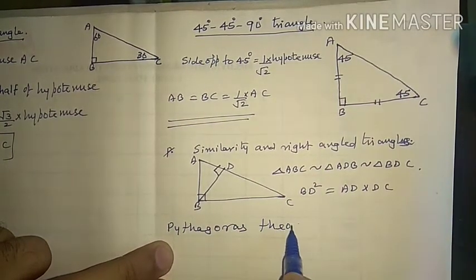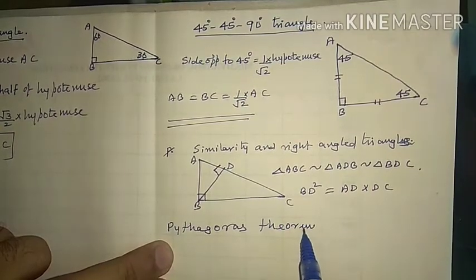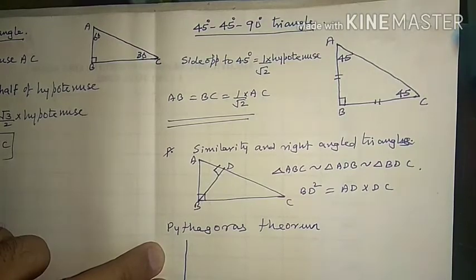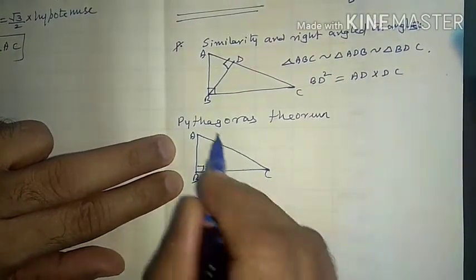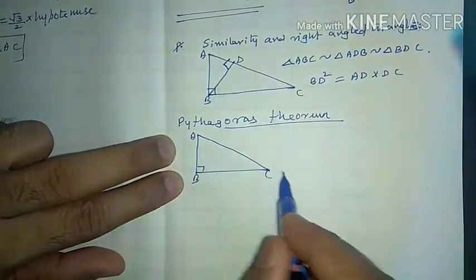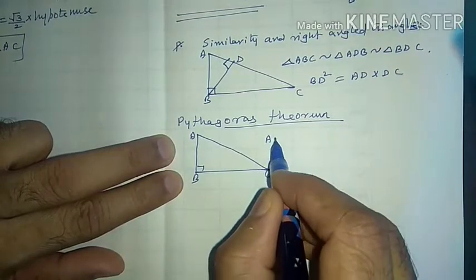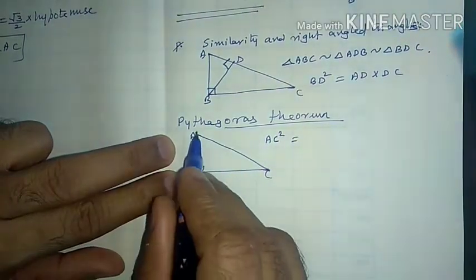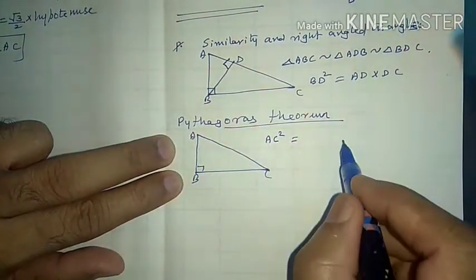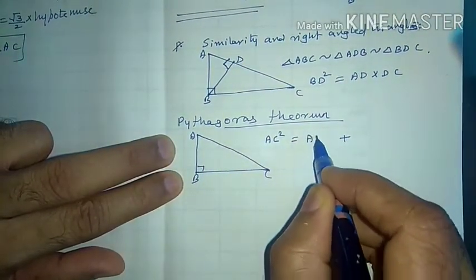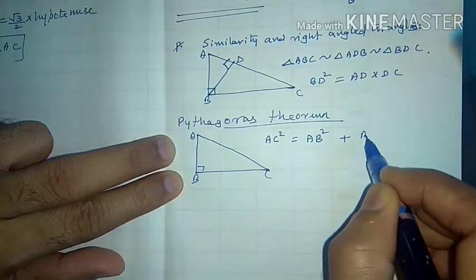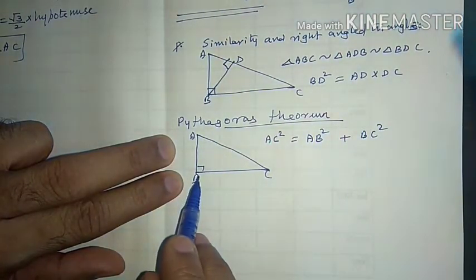In a right angled triangle, suppose we take this as ABC, Pythagoras theorem says the hypotenuse square is equal to the sum of the squares of the remaining two sides, AB square and DC square.